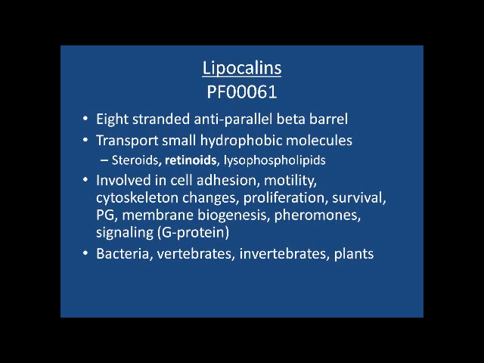And so if you have something that binds it, then maybe you don't get that stimulation as much as you should, and perhaps that allows you to make more aggressive immune responses to these things. We know that the lipocalins are involved in cell adhesion, motility, cytoskeleton changes, proliferation, survival, prostaglandin synthesis, membrane biogenesis. They carry pheromones in animals, and they're involved in G protein signaling. They're all over the place: bacteria, vertebrates, invertebrates, and plants.